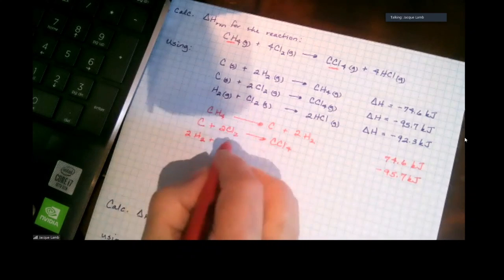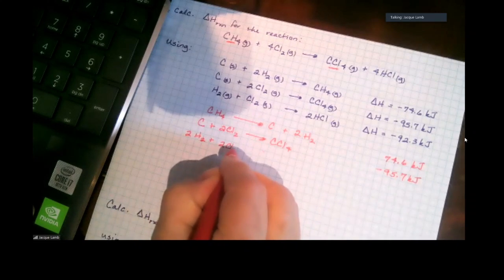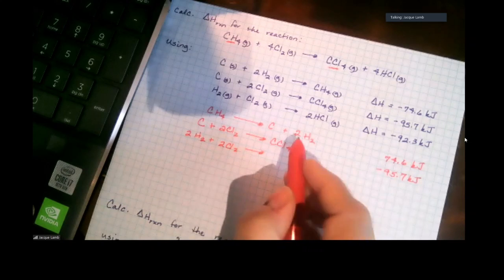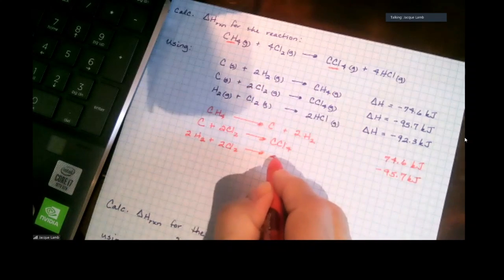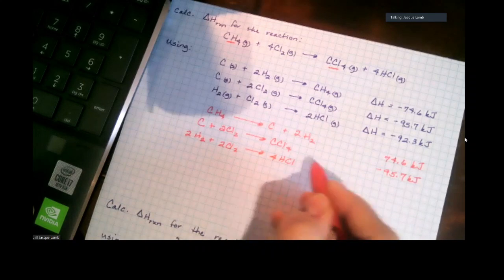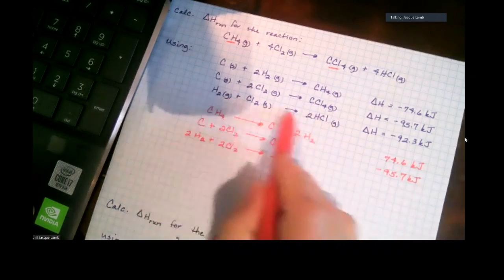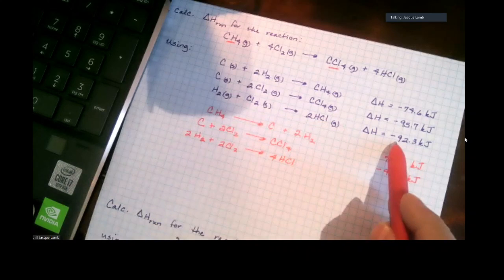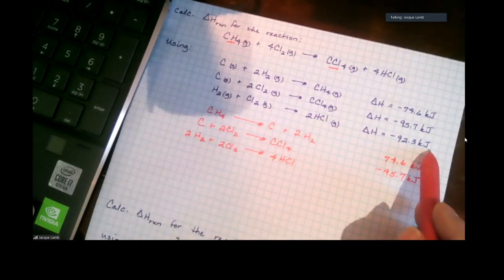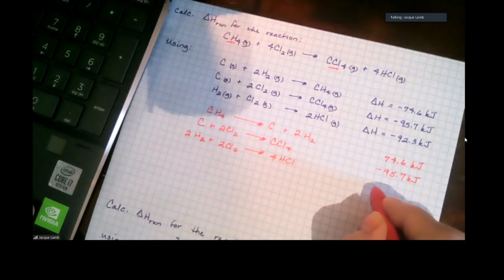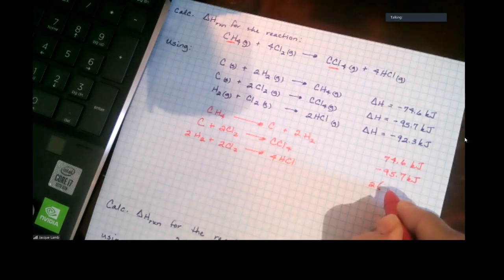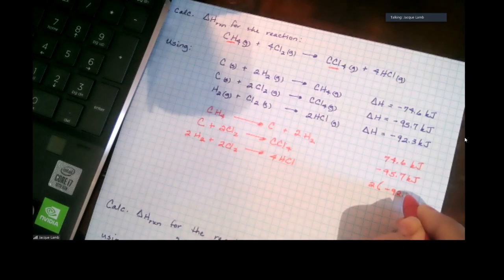So 2H2 plus 2Cl2 goes to, let's multiply that by 2, 4HCl. And since I multiplied this reaction by 2, I have to multiply this by 2. It is in the correct orientation, but I have to say 2 times minus 92.3 kilojoules.